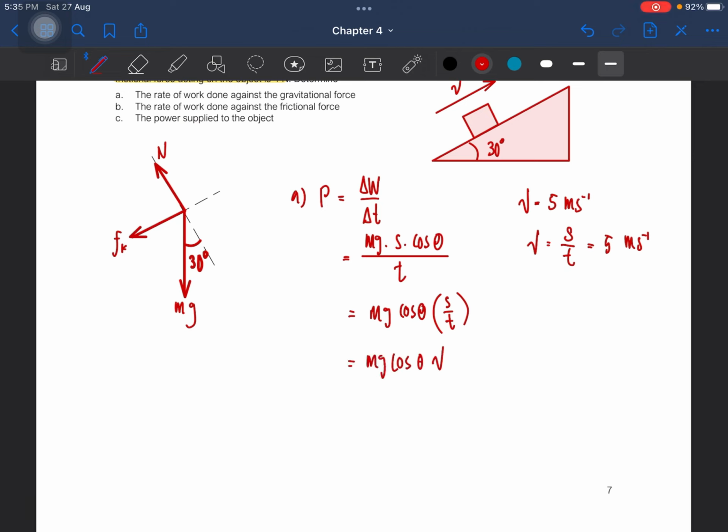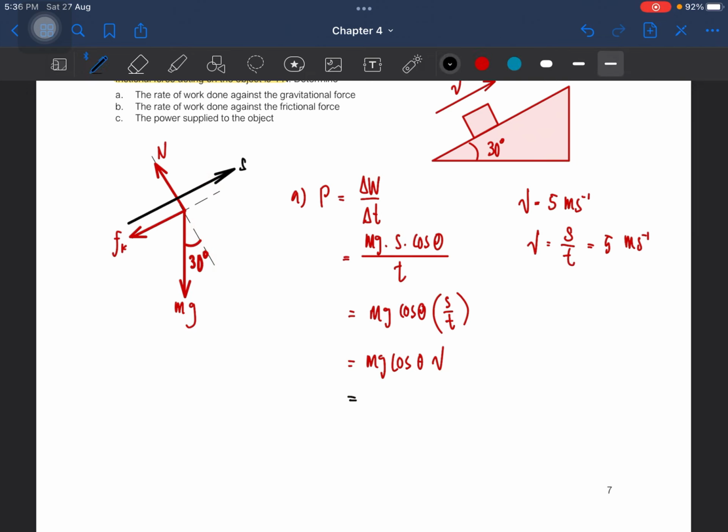Okay, so what is the value of theta? So displacement is like this. This is your direction of S. So what is the angle between this displacement and the weight? So that is 90 plus 30, so that is 120 degree.